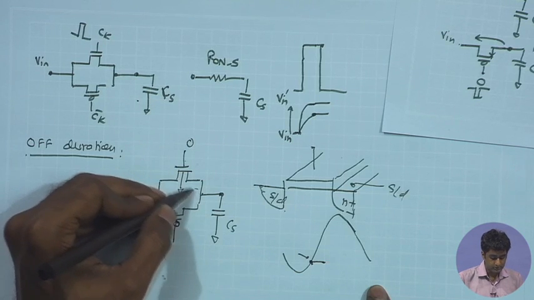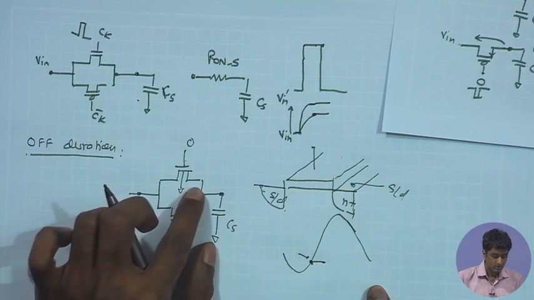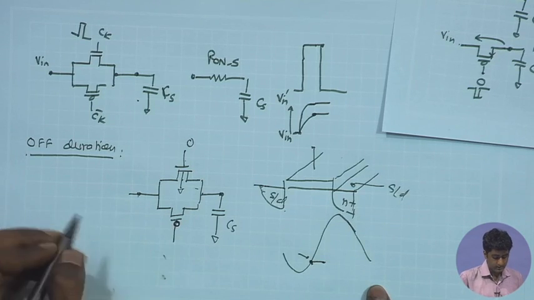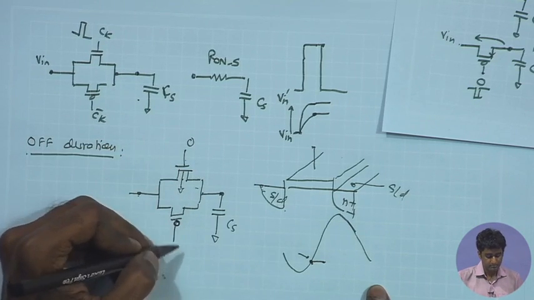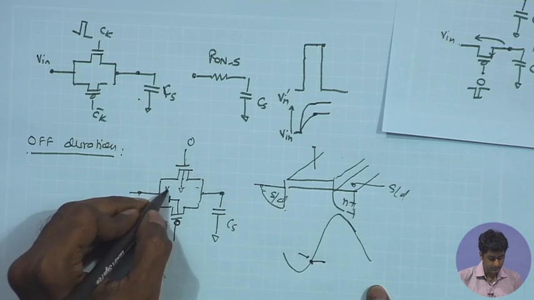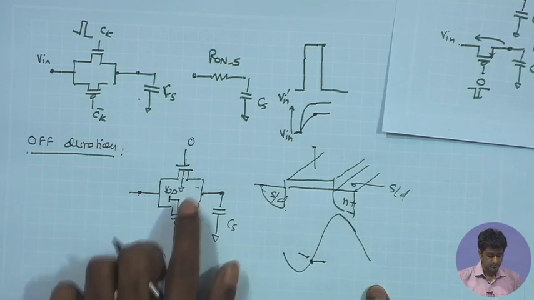So, in that case of course the reverse bias for the drain or source to bulk junction for the NMOS will be relatively low, whereas if you look at the PMOS. So, PMOS substrate, you will be having the PMOS substrate in general connected to the VDD, and the signal is low.